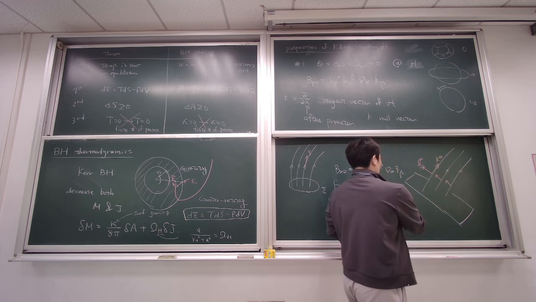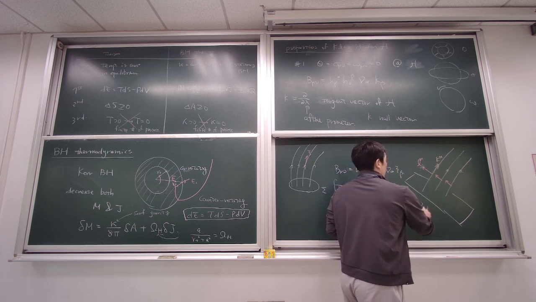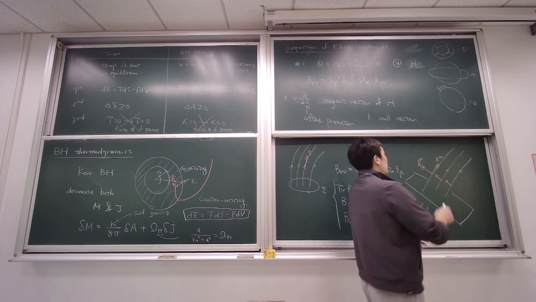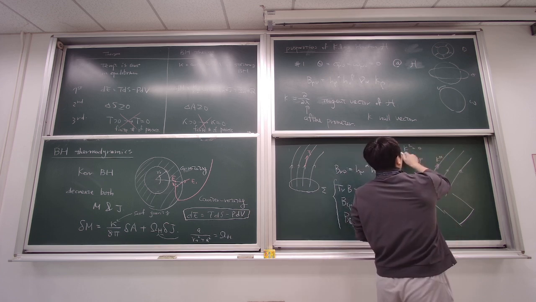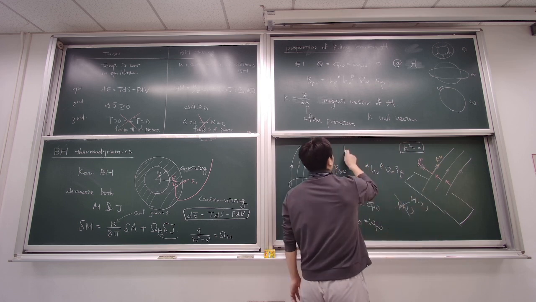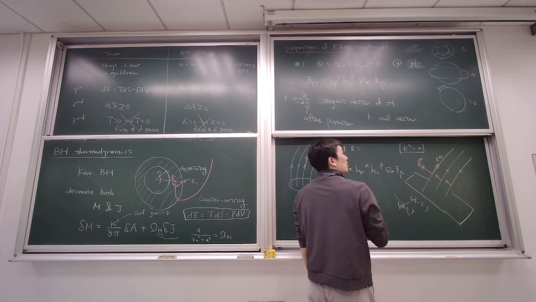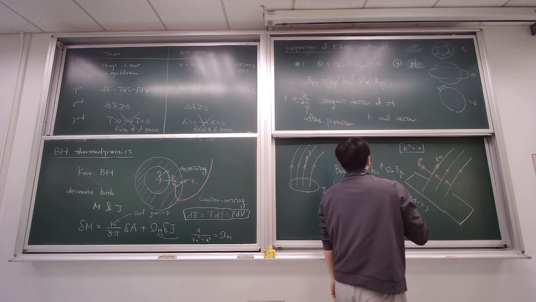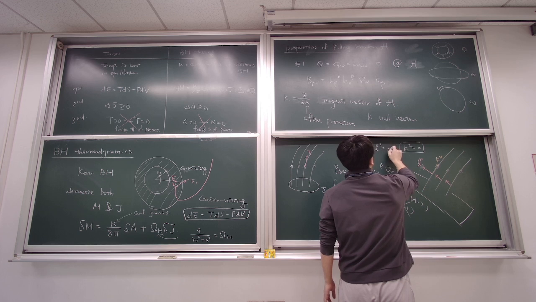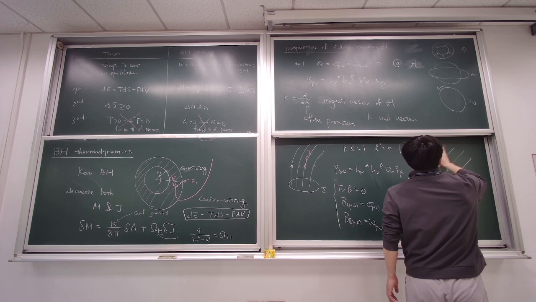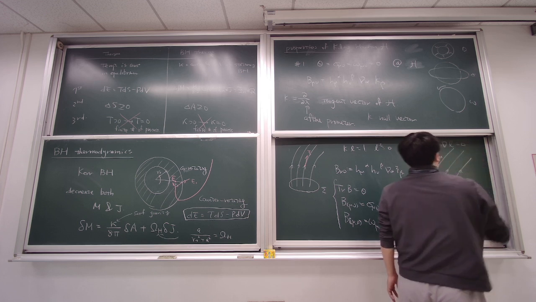There are only d minus 2 orthogonal vectors except k itself, because k is null, so k is orthogonal to itself. So we define k and L, with L squared equal to 0, and then k dot L is equal to 1, like this.